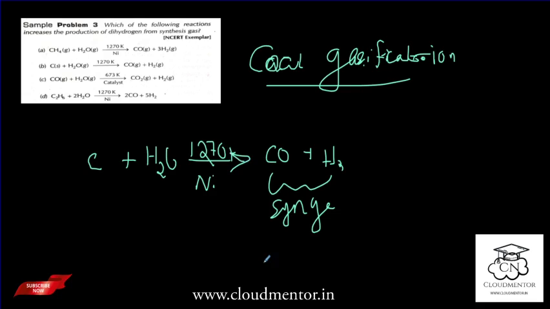The production of hydrogen can be increased by reacting carbon monoxide of the syngas with steam in the presence of iron chromate as catalyst at 673 Kelvin.